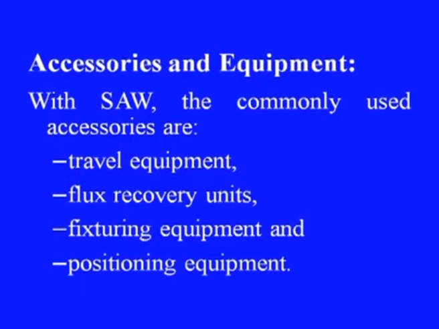Now, let us look at other accessories and equipment. With submerged arc welding, the commonly used accessories are travel equipment, flux recovery units, fixturing equipment and positioning equipment. Let us look at the travel equipment.